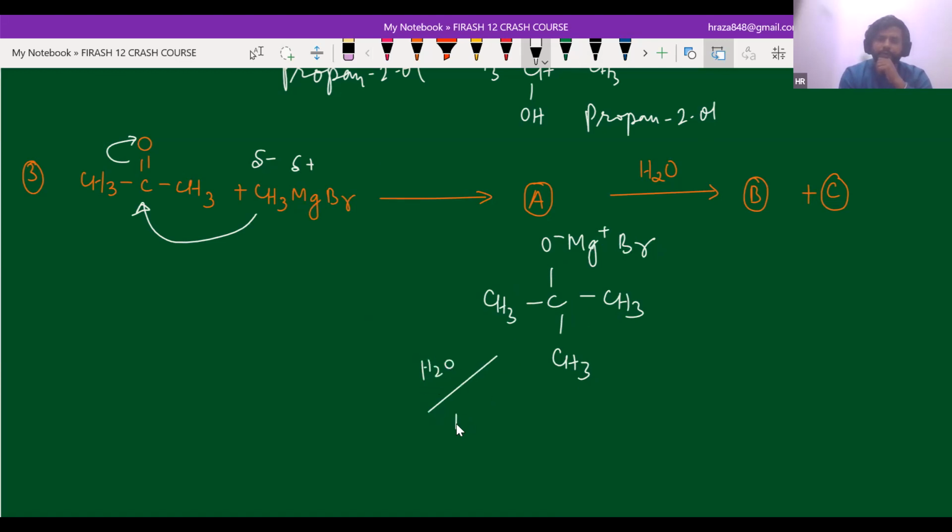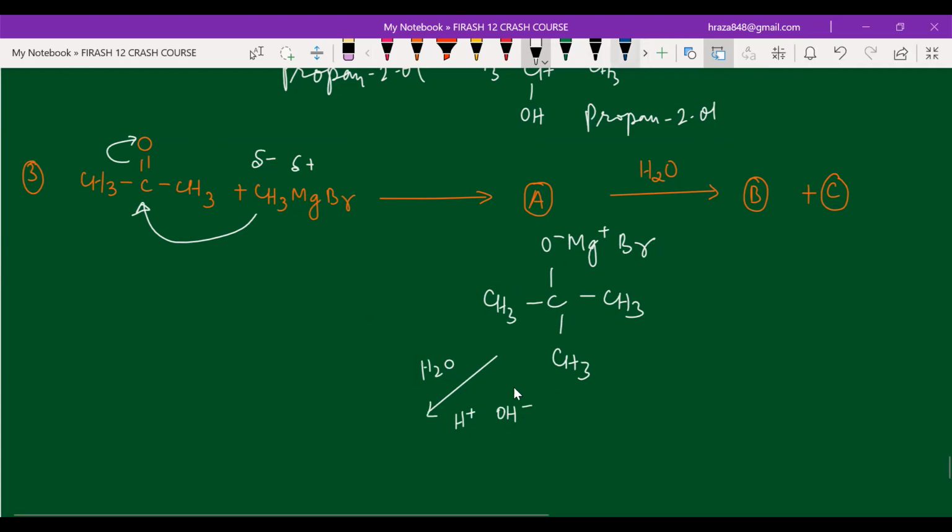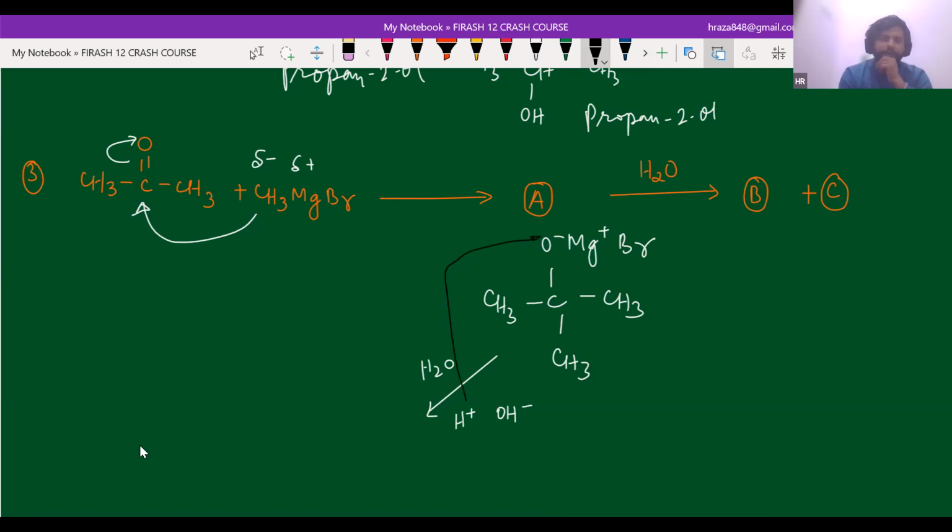Firaz, are you there? Yes. H plus and OH minus. So this will directly attack on this part, and you will get CH3, C, OH. There is CH3 and CH3. And Mg, OH, Br. Got it?